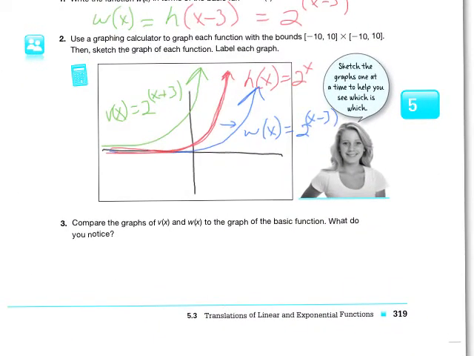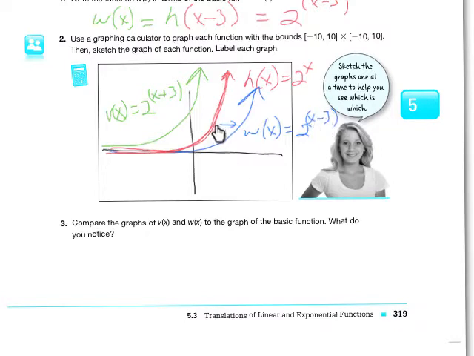Compare the graphs of v and w to the graph of the basic function. What do you notice? We noticed that the blue one shifted to the right 3 units, but the actual thing done to the x was minus 3.